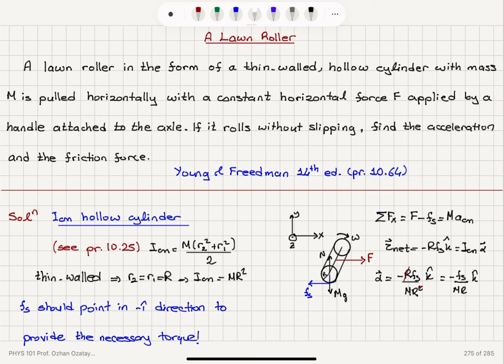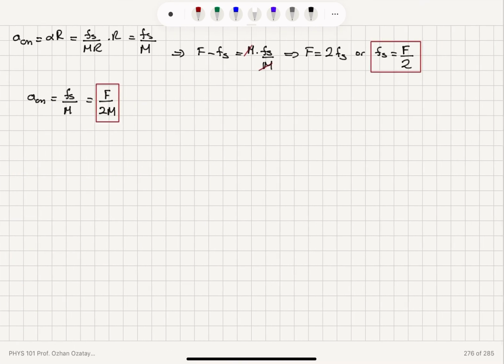If we write Newton's second law, for the x component of the forces, F minus Fs must be equal to mass times center of mass acceleration, and the only force responsible for the torque is Fs, which is minus R Fs k hat. It is equal to I alpha, Newton's second law rotational form. From this we can determine alpha is equal to minus Fs over MR k hat, when we substitute MR squared for moment of inertia.